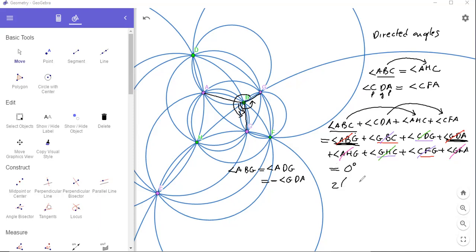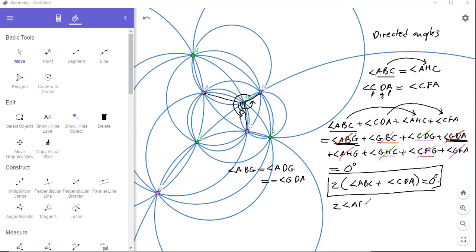So in fact, 2 times ABC plus CDA is 0. This, in fact, is the main condition for this. You can write this in a better way, which is 2AC is the same as 2. If you take this to the other side, it becomes negative CDA, which is the same as 2 ADC.